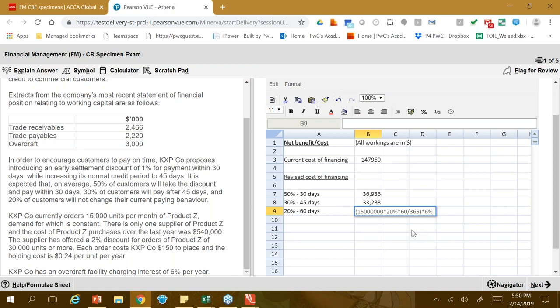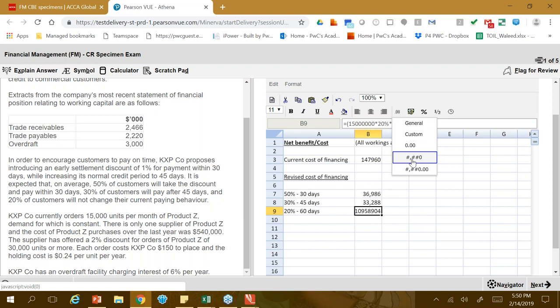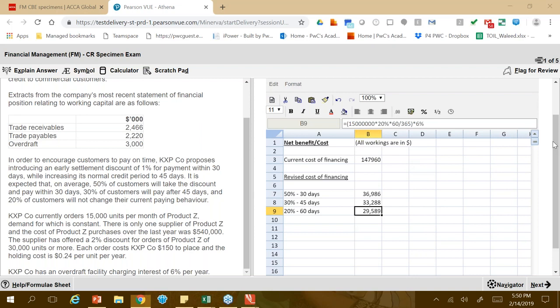And this gives us the cost of financing receivables who take 60 days, which are 20%, and their cost of financing comes out to be 29,589. Okay, any questions up to this point?